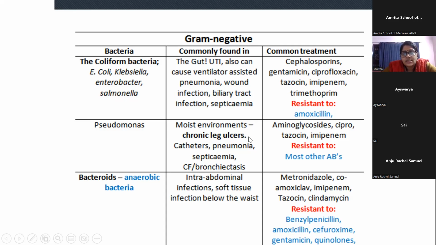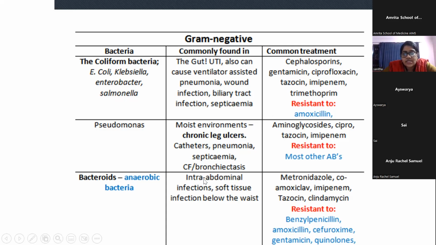And Pseudomonas: aminoglycosides, ciprofloxacin, piperacillin tazobactam, imipenem. So it's known for causing pneumonia, catheter-associated infection, septicemia, bronchiectasis, chronic leg ulcers, etc.